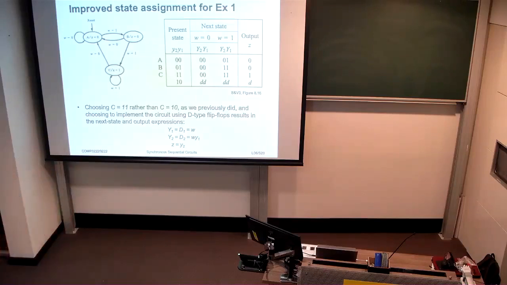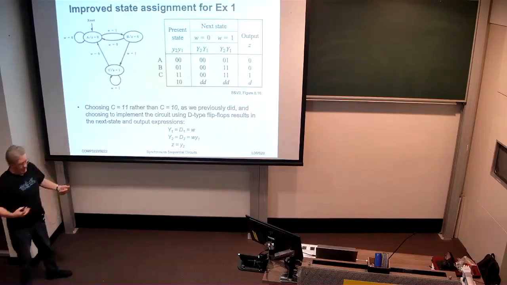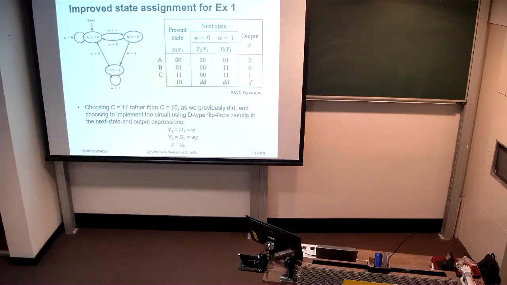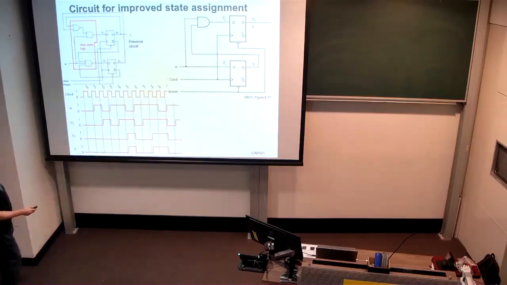So if we have w y1, that's enough to describe the input for capital Y2, or how we derive the next state y2. And as for the output, it could be defined to be 1 whenever the state variable y2 is 1.